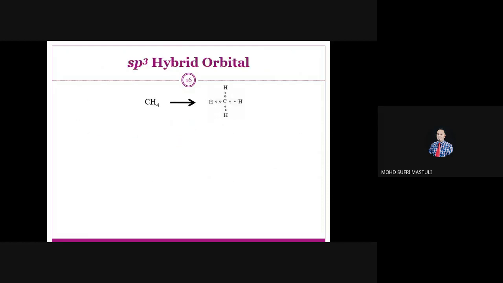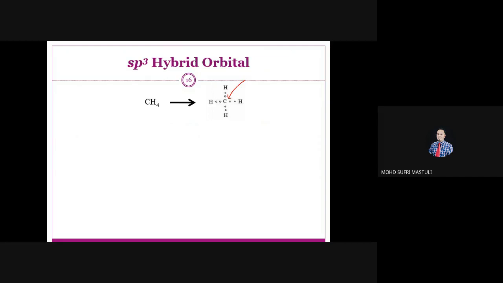Okay. We move to the third hybrid orbital, which is sp3. Let's say this is the example methane. After we draw the Lewis structure, we find out the central atom.